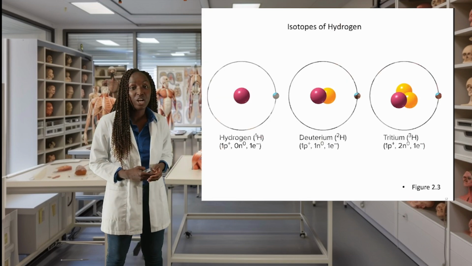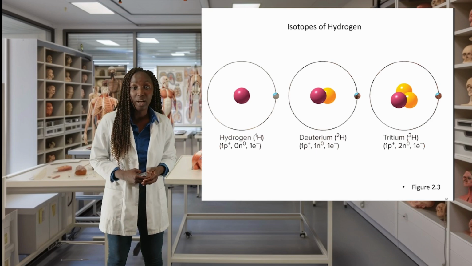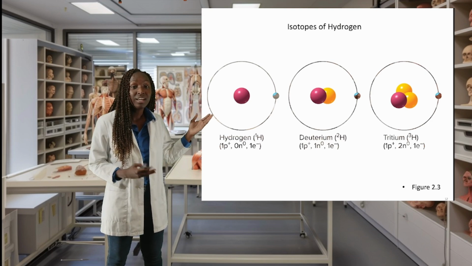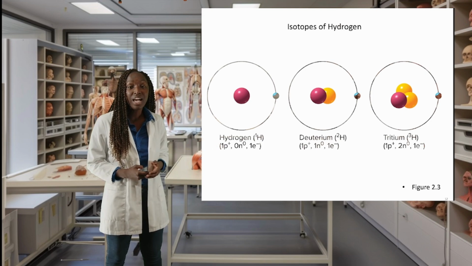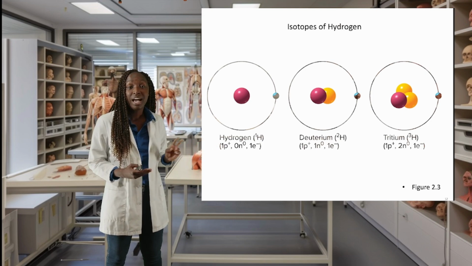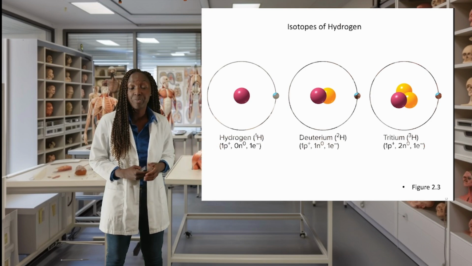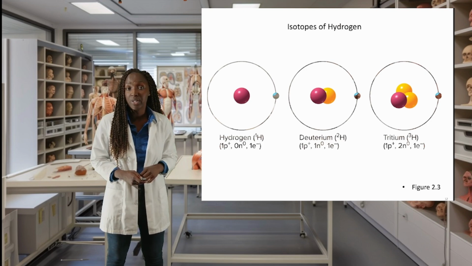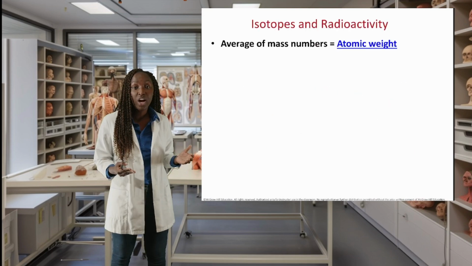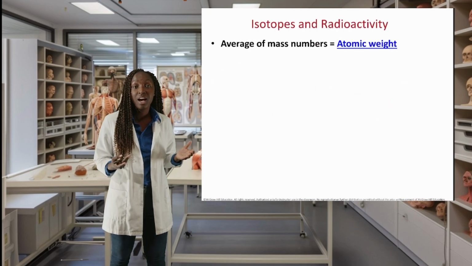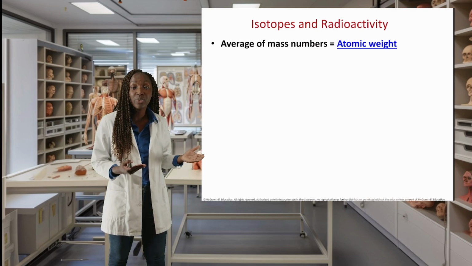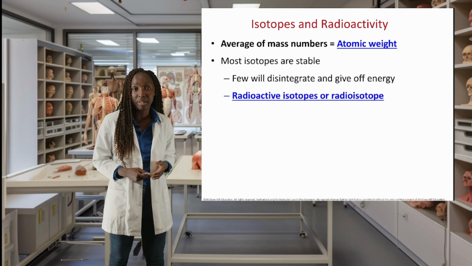Hydrogen has an atomic number of 1 due to its 1 proton, and an atomic mass of 1 because it only has 1 proton and no neutrons. However, the isotopes, deuterium has an atomic mass of 2 because it has 1 proton and 1 neutron, and tritium has an atomic mass of 3 because of its 2 neutrons and 1 proton. So for hydrogen, we had 3 different atomic masses. We can take the average of those masses and figure out the atomic weight for an element.